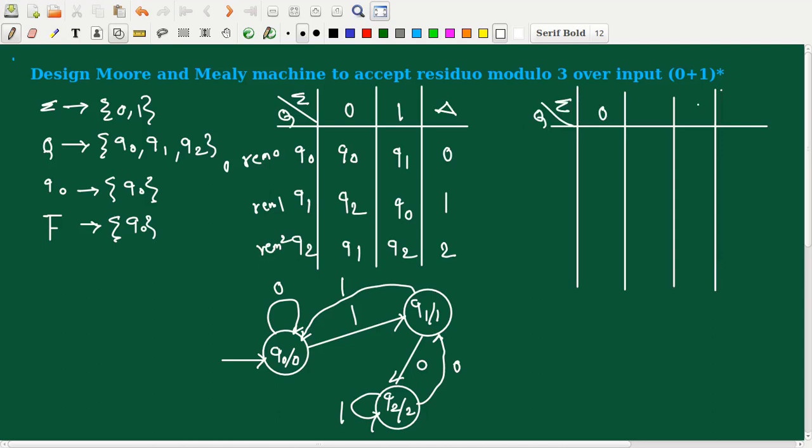Inputs are nothing but 0, 1. We have outputs associated with the transitions, so I'll draw output columns here. Now I have the states, that is nothing but Q0, Q1, Q2. I have the state outputs, which will be the same as in the earlier table, so I'll only copy from that table.